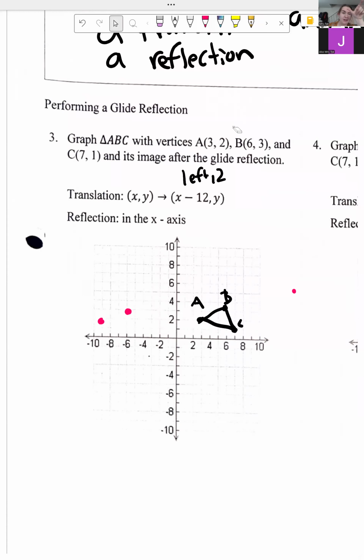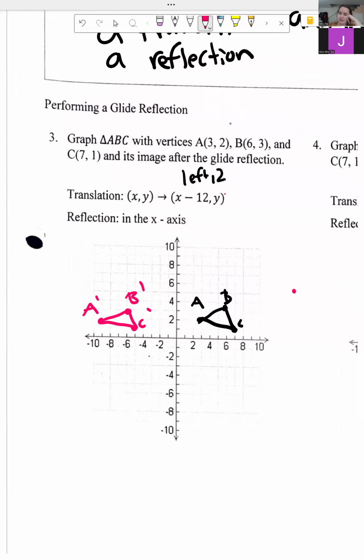Just kind of do the math of how far away I need to get to the y-axis and then how much further. Okay. C right now is 7 away from the y-axis, so that means I need to go 5 more this way, so I'm going to land right there. Okay. Connect them, and we're going to label it A prime, B prime, and C prime.